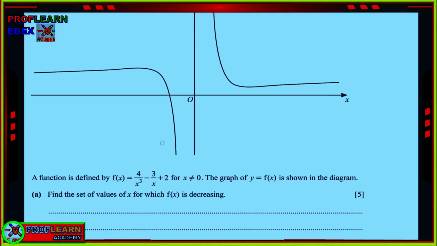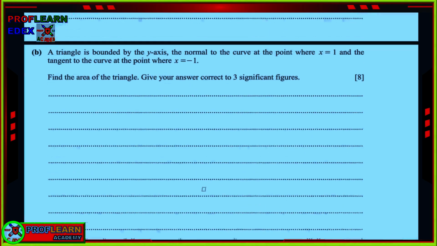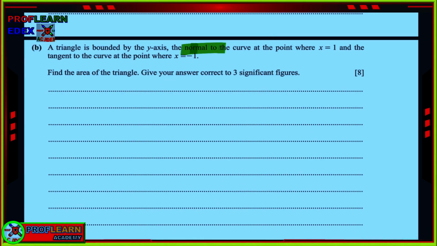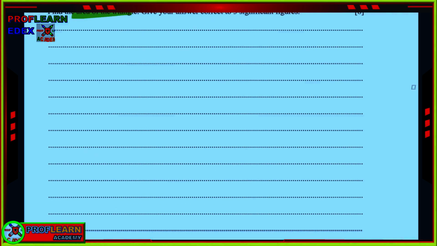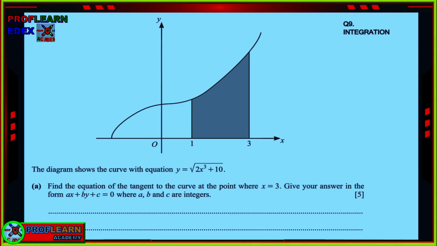We have differentiation, increasing and decreasing functions, the region where the function is decreasing or increasing. A very, very possible question to be asked. The equation of the normal to the curve, area of a given shape. So those are the areas that I really feel you need to know how to work out.